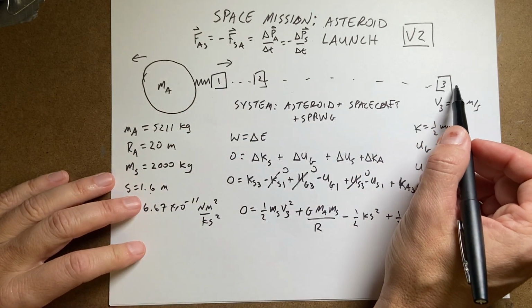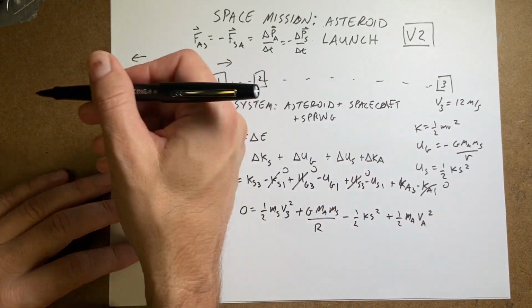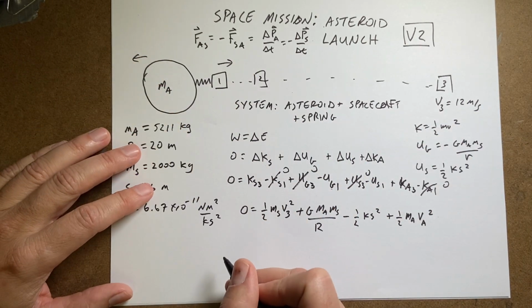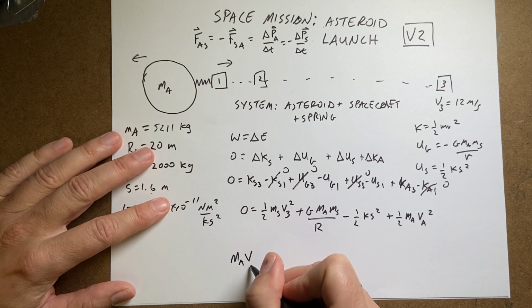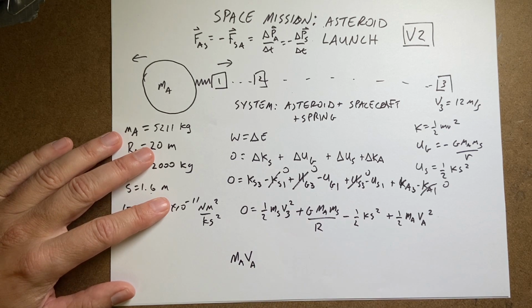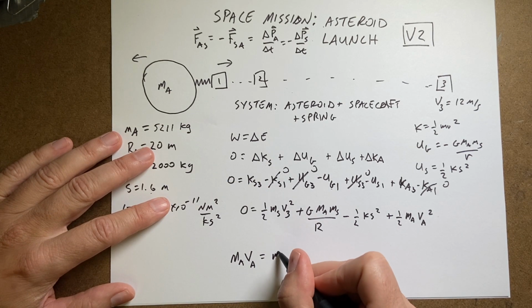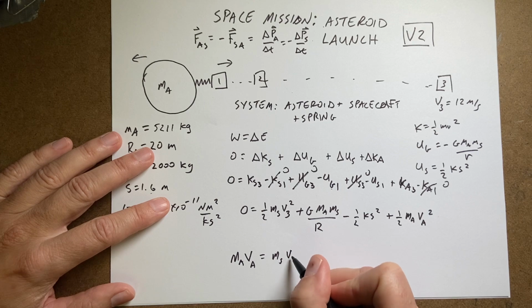So this is moving to the right, that one's moving to the left. This is the trick here: I can say MA VA, that's just VA, the velocity at the end, is equal to MS V3.